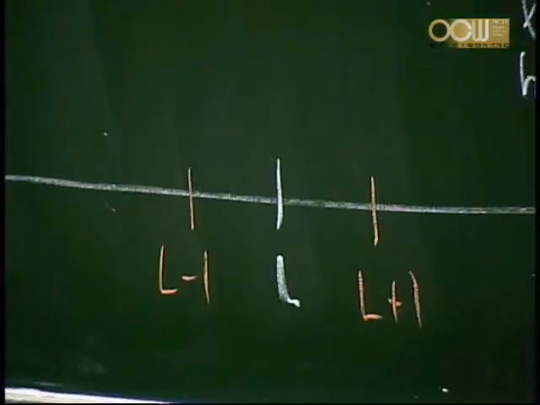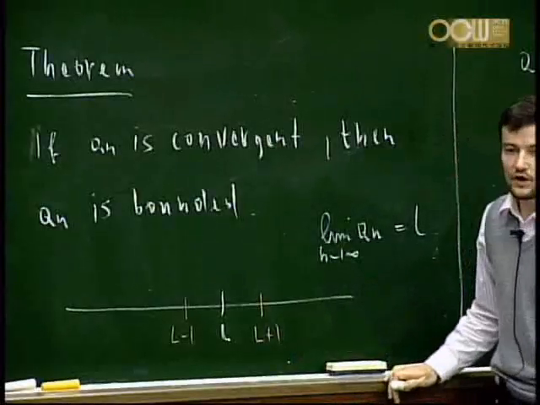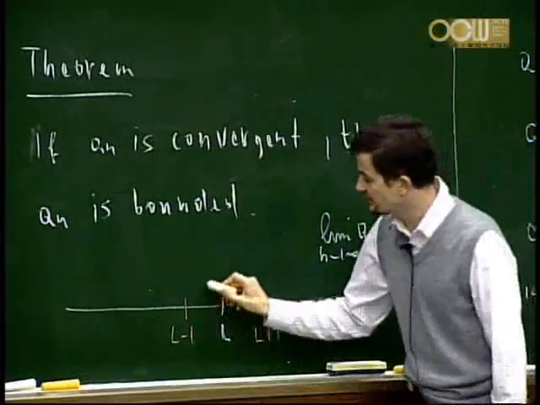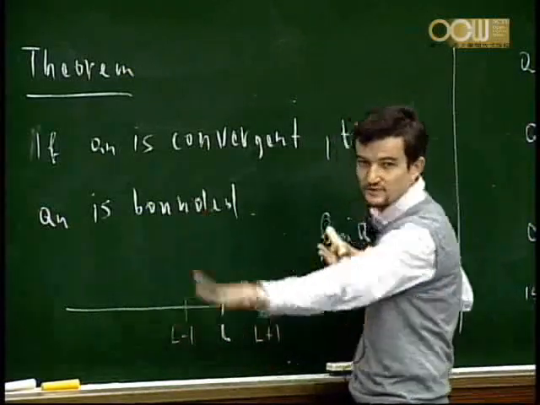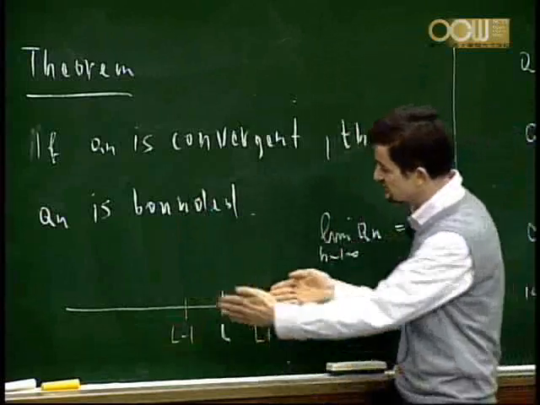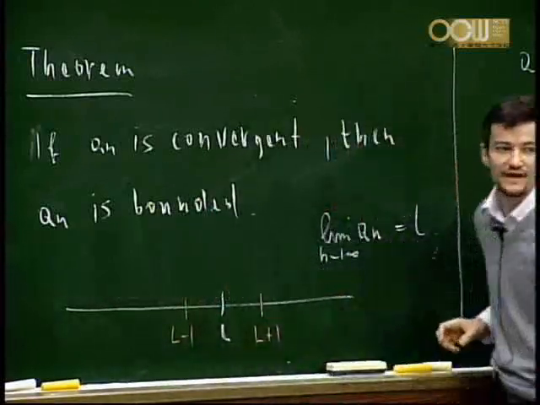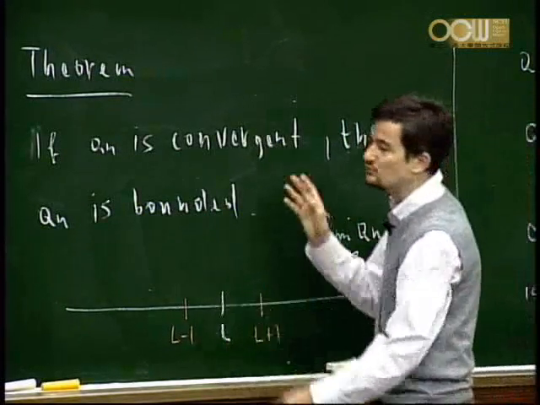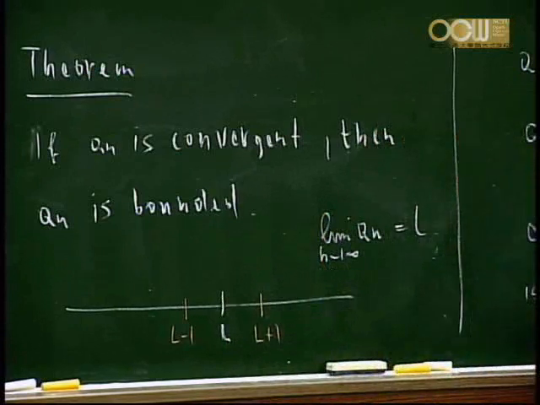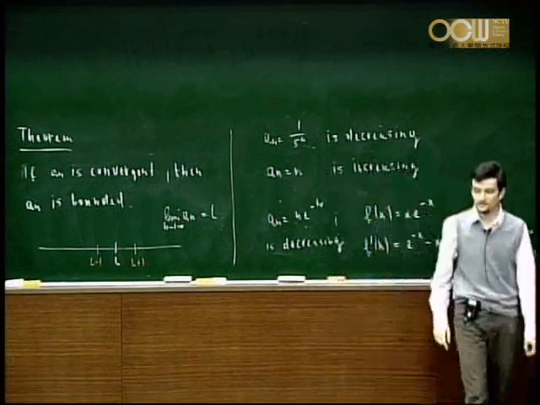For epsilon equal to 1, from a certain index on, all the a_n will be inside this epsilon interval. So outside you will have just a finite number. So the sequence is bounded because you just move the boundary till you catch all the finite terms which are outside. More or less this is the reason why every convergent sequence is bounded. So this sequence will be automatically bounded because we know that this sequence is convergent.